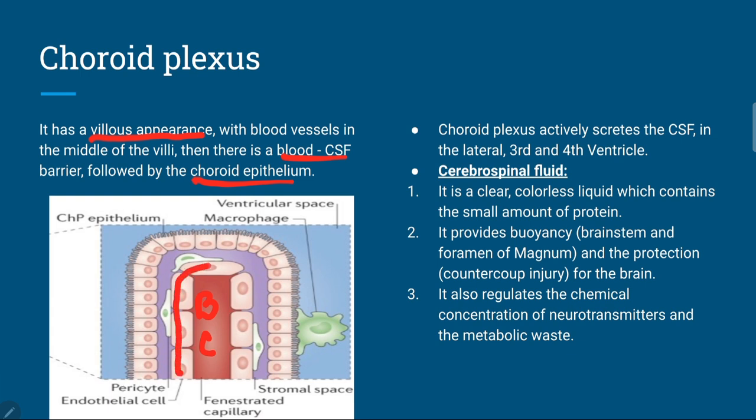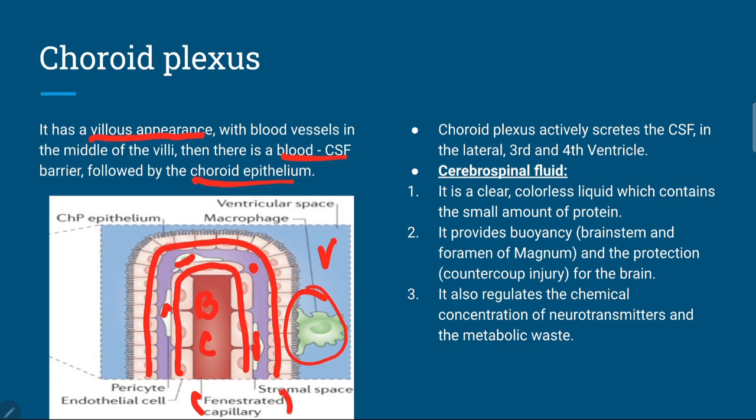You have the endothelium right here, endothelial cells. Outside here is the pericyte. Now inside the villi you have the stromal space, and then you have the choroid epithelium right there, and then you have a ventricular space, and there's a macrophage present as well. So this is basically a fenestrated capillary, and this is the endothelium of it. So that's where the choroid plexus is.